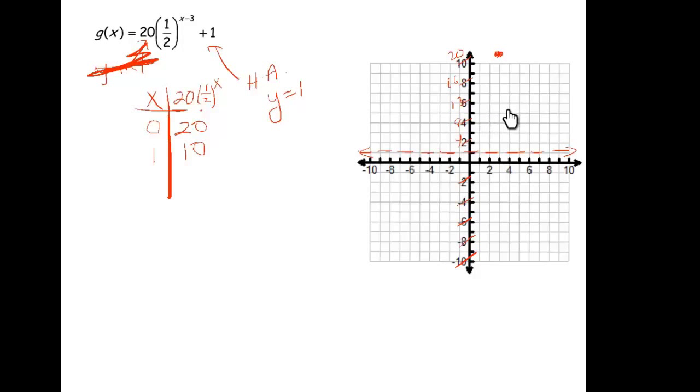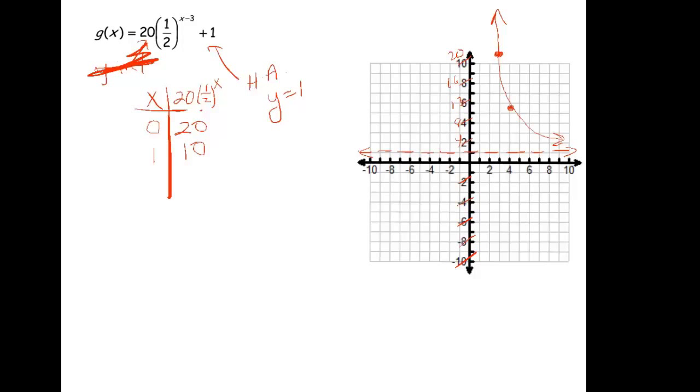Be careful here, remember I changed my scale to 2. So it's right here at 4, 11. And then notice that this graph is decreasing. This is called exponential decay. And notice that now it will approach the asymptote as x approaches positive infinity.